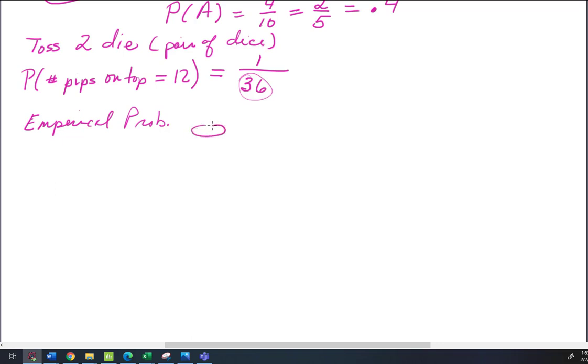When I toss a thumbtack, it lands sometimes like this on its base, and sometimes like this on its side. And those are the only two outcomes. It's going to land one way or the other.